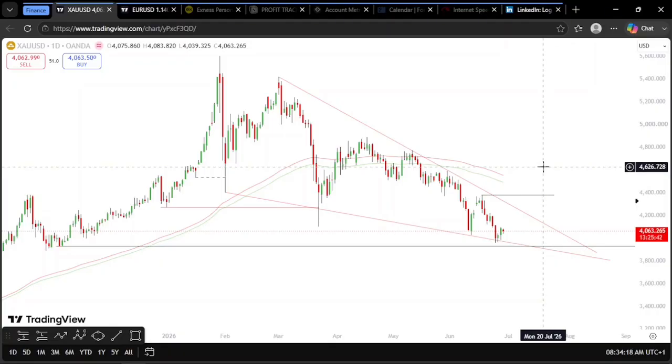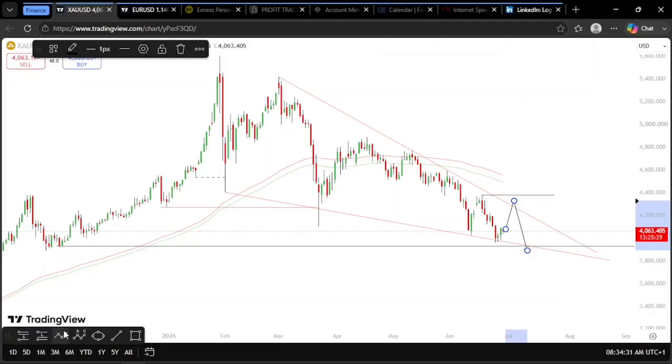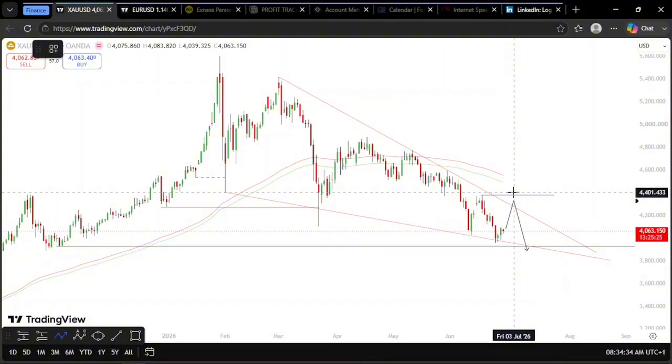So what we're going to be looking for is a movement to somewhere around here, then maybe we start going down, or we can wait for price to actually break this area here, have a retracement, then you can look for something like this.